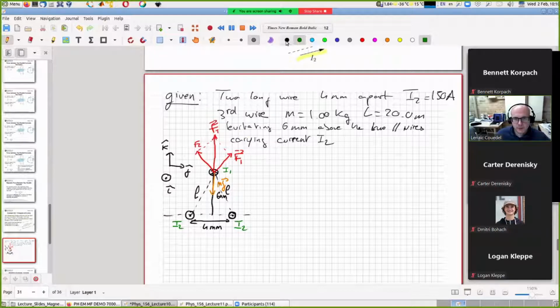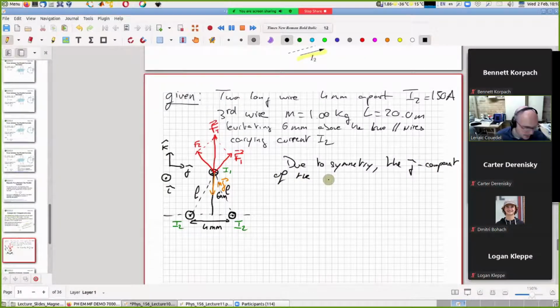So due to symmetry, the J hat component of the forces cancel each other.